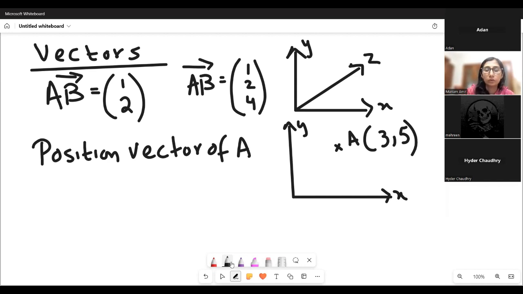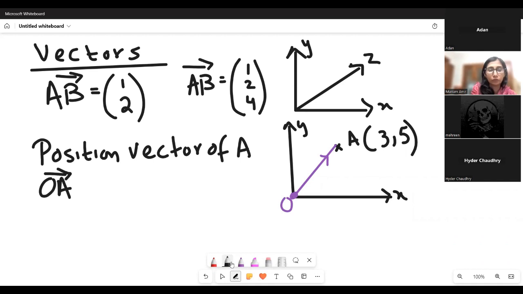From O-levels, you know that the position vector means this vector from the origin to A. The position vector of A would be OA, and to go from O to A, you're going 3 right in this direction and then 5 up in that direction. So the column vector OA, or the position vector of A, was (3, 5).